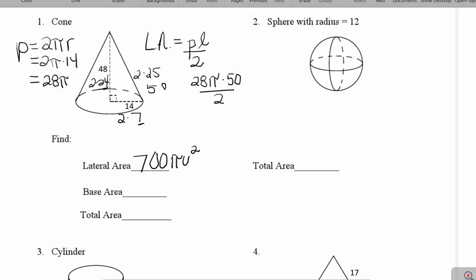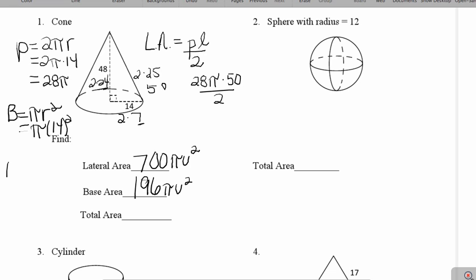Now, next I need to find the area of the base. Since the base is a circle, I'm going to use the area of a circle formula, which is pi r squared. And again, the radius is 14, so I just need to square 14 to get my final answer of 196 pi units squared.